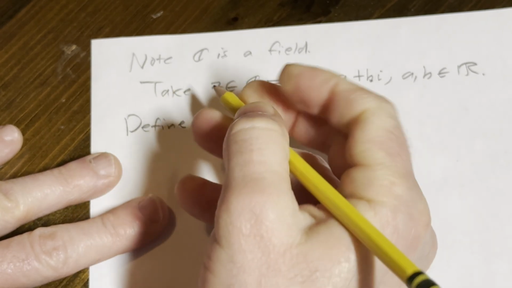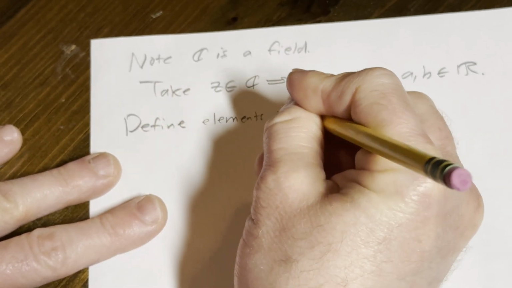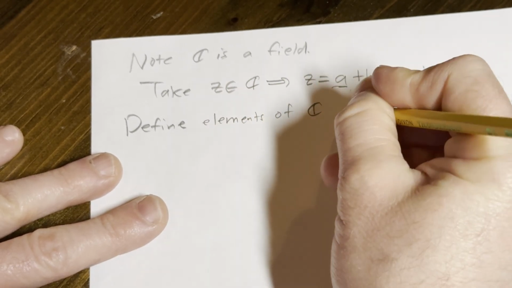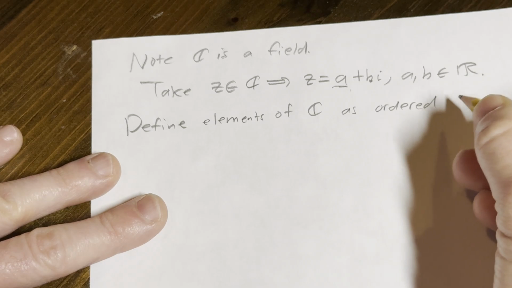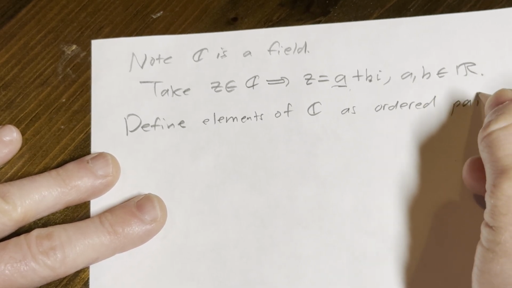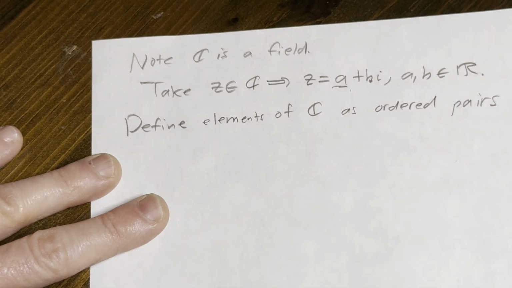So define elements of C as ordered pairs. Hopefully you can see okay with the shadows. There's a light behind me, so it creates, let's try that. Maybe that's a little bit better.